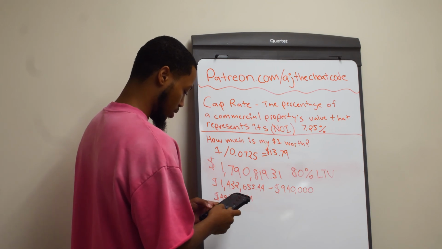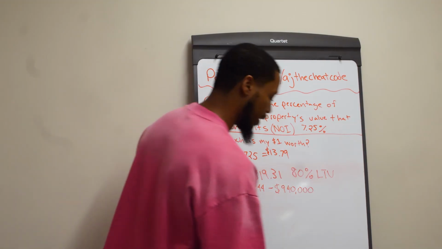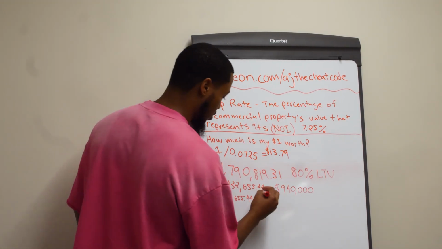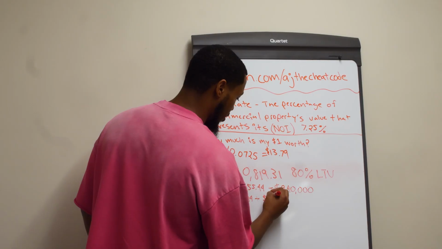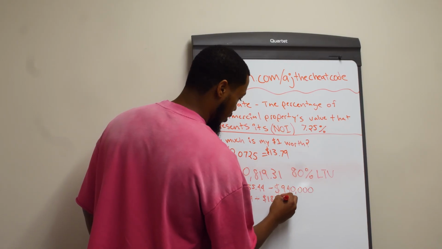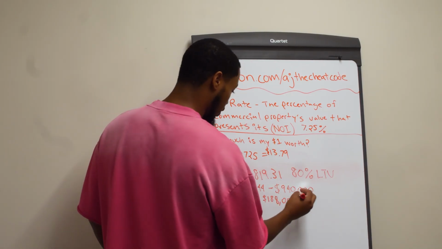I add my equity back into the deal. So I put about 20% down on here, so I add 188. It's just math at the end of the day, y'all. I add 188,000 to this 492.